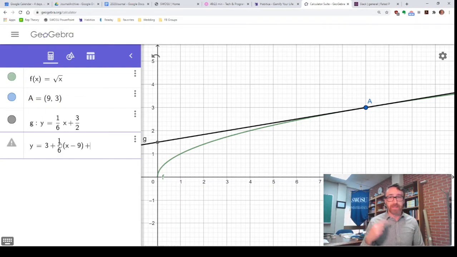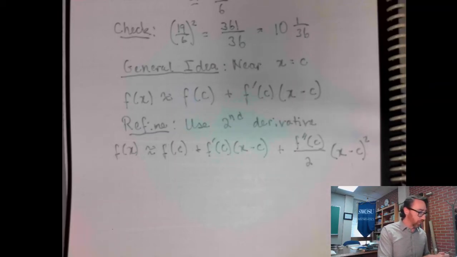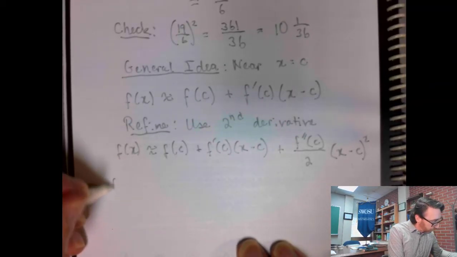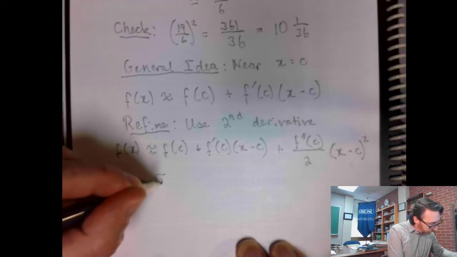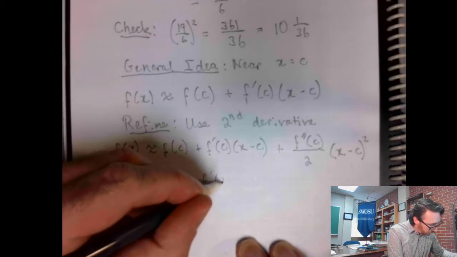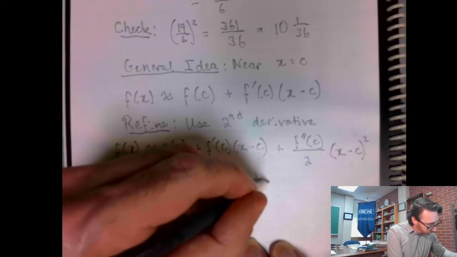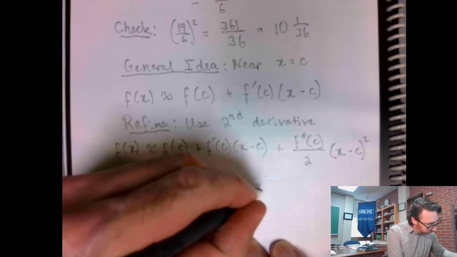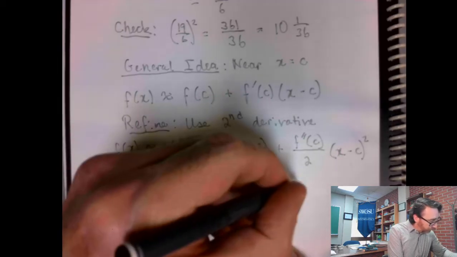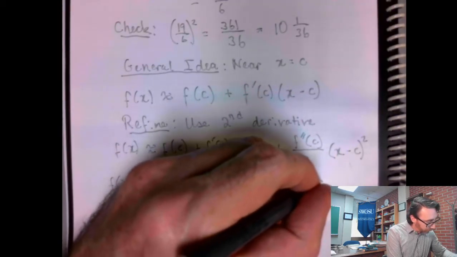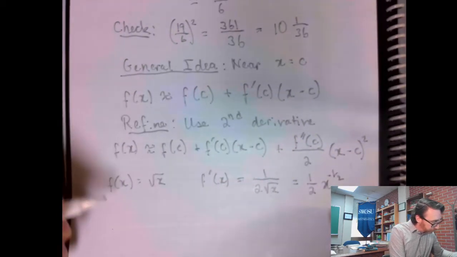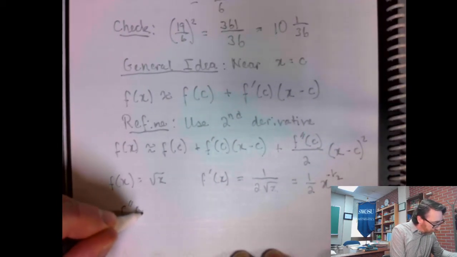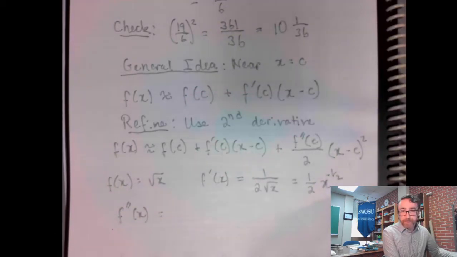Plus, now what I need to do is take the second derivative of the square root function. Let me go back to my notebook here. So if I have f of x equals square root x, we know that f prime of x would be 1 over 2 radical x, and that's coming from x to the negative 1/2. And f double prime of x, well, we differentiate again.